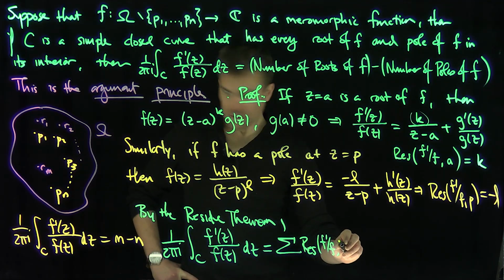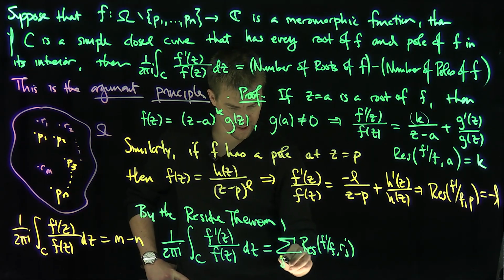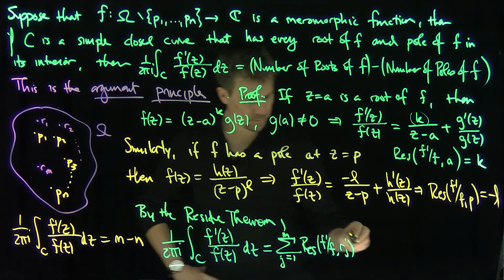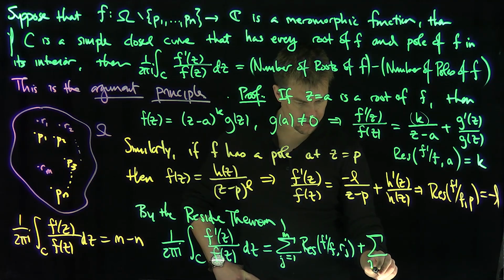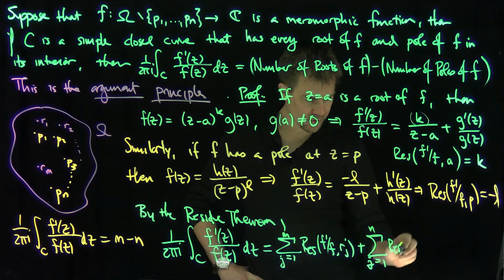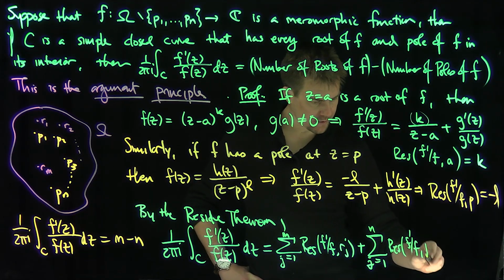Let's say at the zeros, so we'll say over the rj, j goes from 1 to m, plus the sum over the poles, let's say j goes from 1 up to n this time, the residues of f prime over f at the pj's.